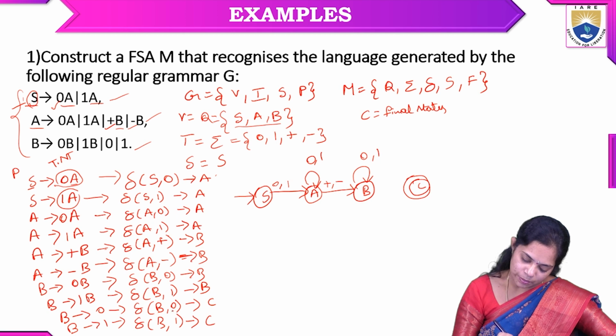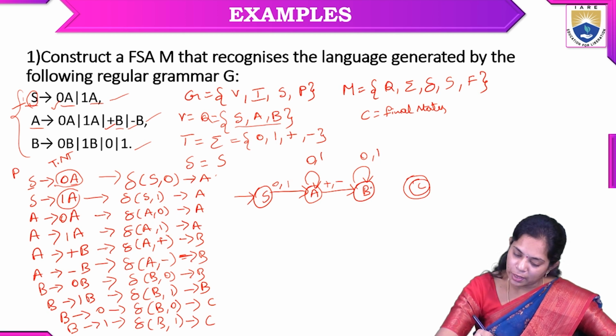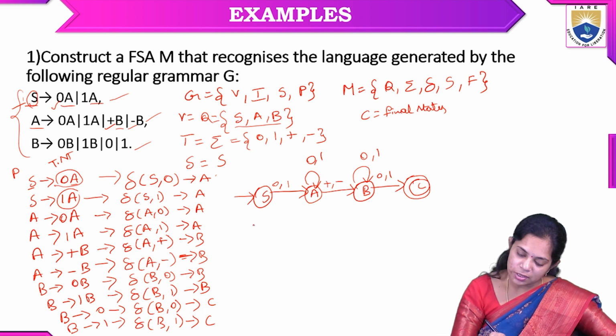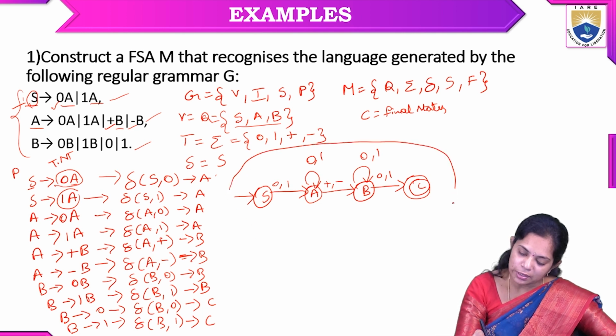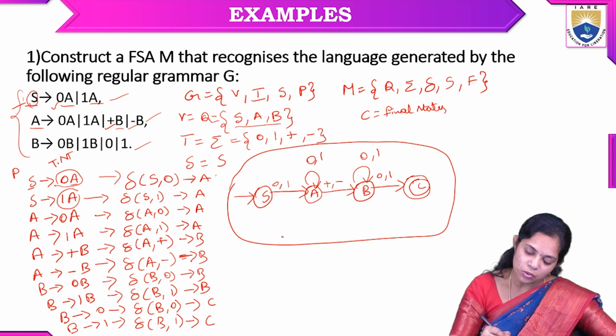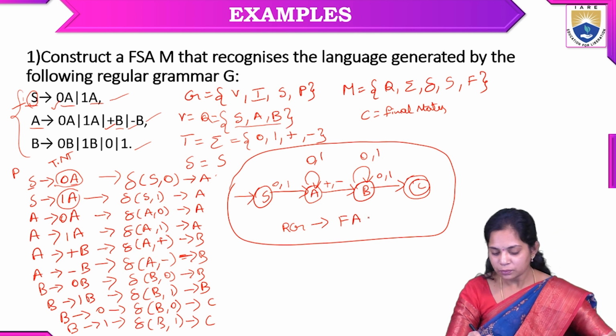And B on 0 comma 1, it is reaching the final state. So this is how we converted these production rules of regular grammar to a finite automata.